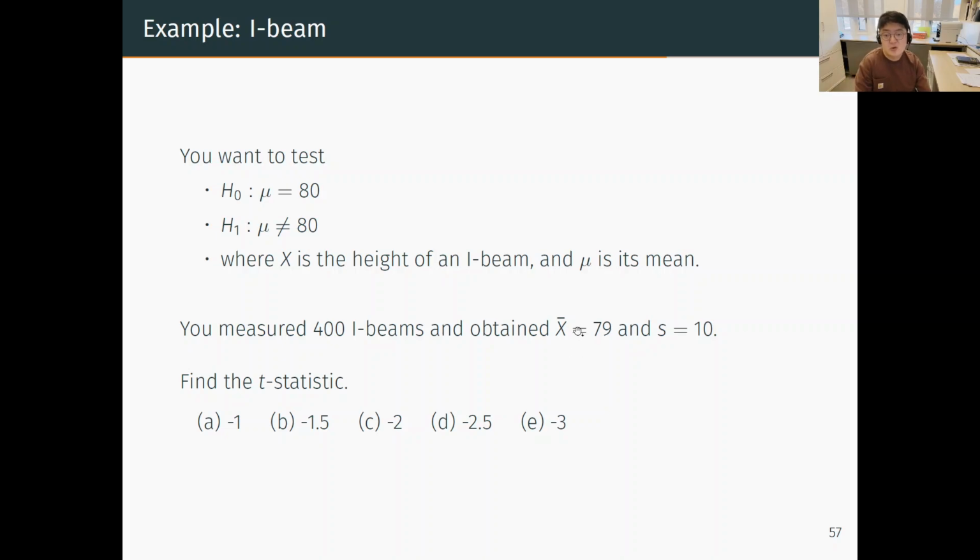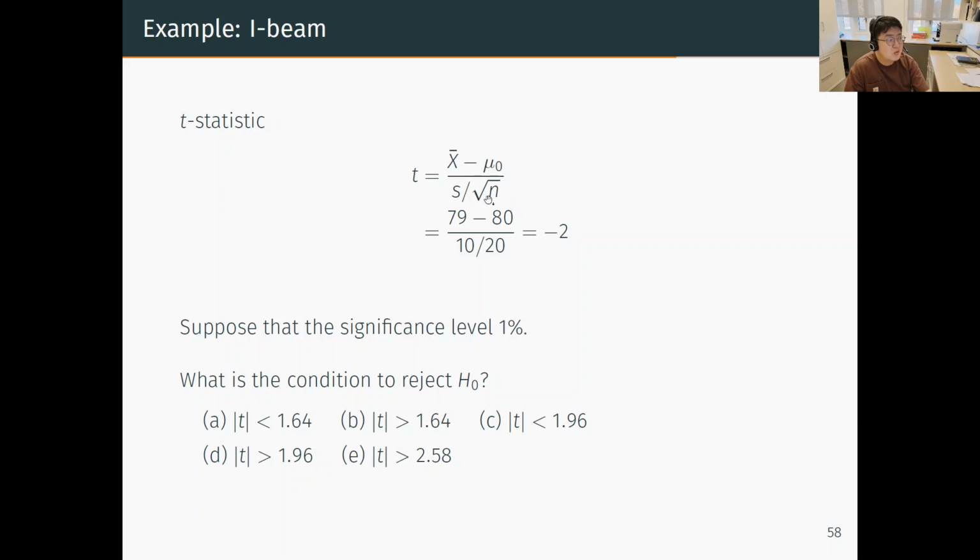Pause the video whenever you need. The data is 79 and your belief is 80, so the difference is -1, right? The -1 must be standardized by the standard error. Standard error depends on the standard deviation of a single I-beam measurement, and the sample size is 400. Then you standardize like this.